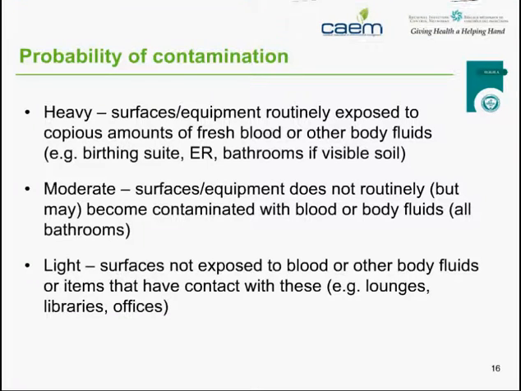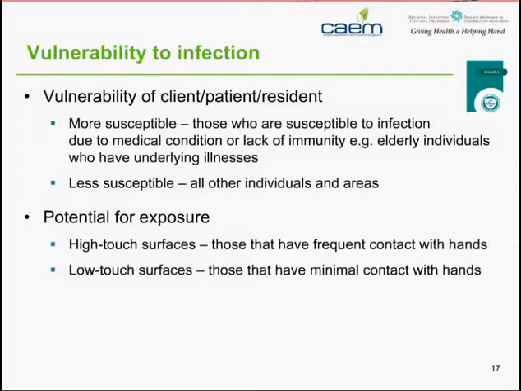At least we hope. The next two factors to consider in the risk stratification are the vulnerability of the patient, client, and resident population, from more to less susceptible, and the potential of surfaces to come in contact with hands. As described earlier in the module, high-touch surfaces are those that have frequent contact with hands, while low-touch surfaces have minimal contact.